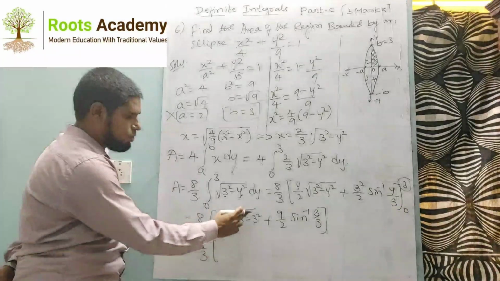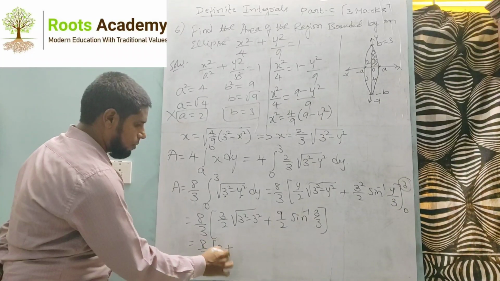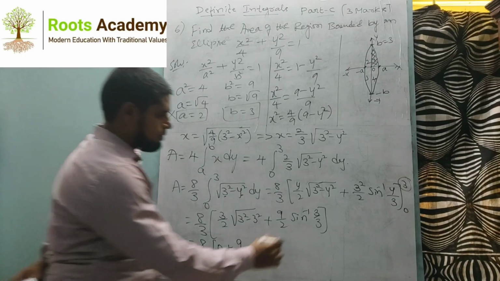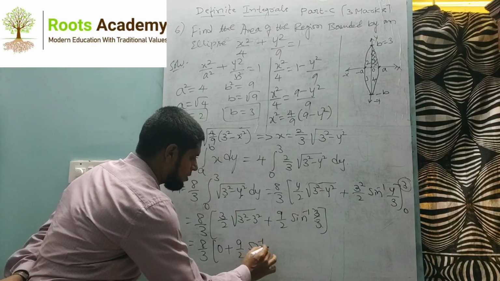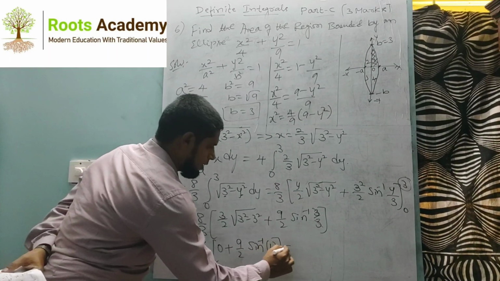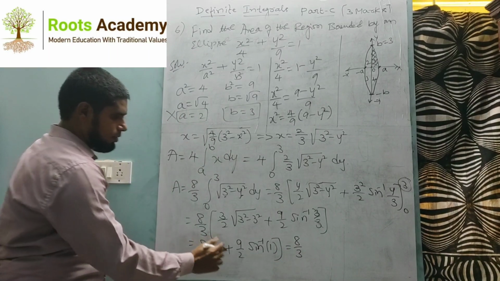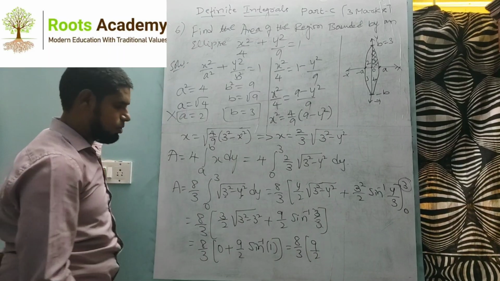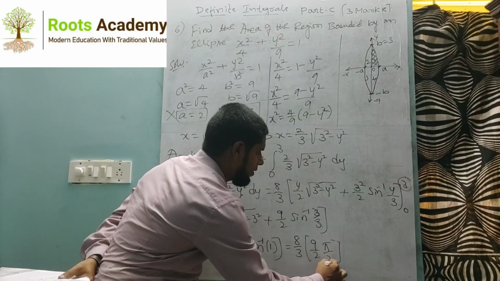See, root of 3 square minus 3 square is 0. 0 into anything is 0. Plus 9 by 2, 3 and 3 get cancelled. Sin inverse of 1. Next step is 8 by 3 into 9 by 2, sin inverse 1 is pi by 2.